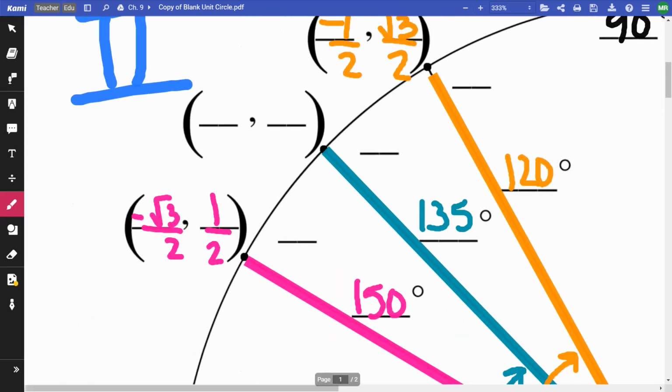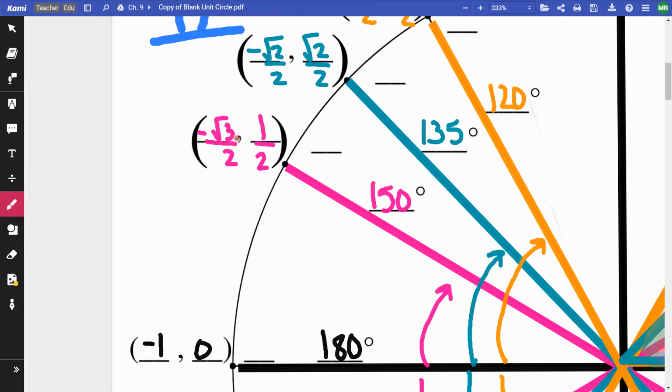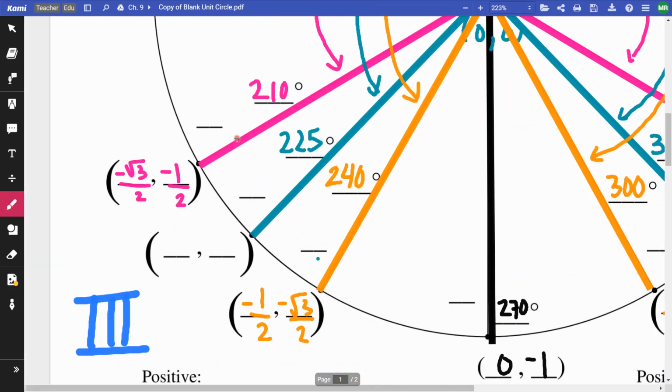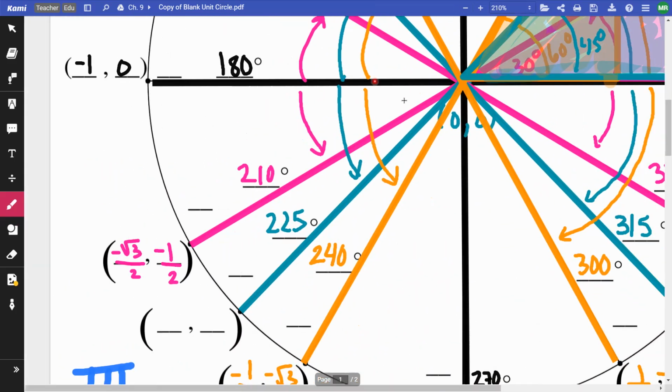So this quadrant is a negative x, so negative root 2/2, and a positive y, so a positive root 2/2. All of these here where my x's are negatives, my y's are positives. These ones here, negative x, negative y.